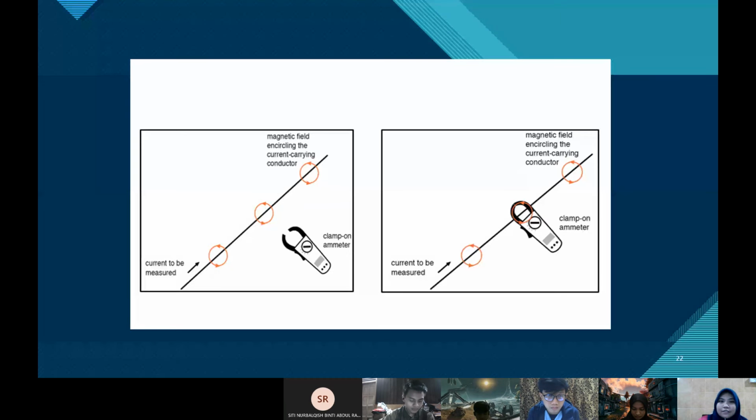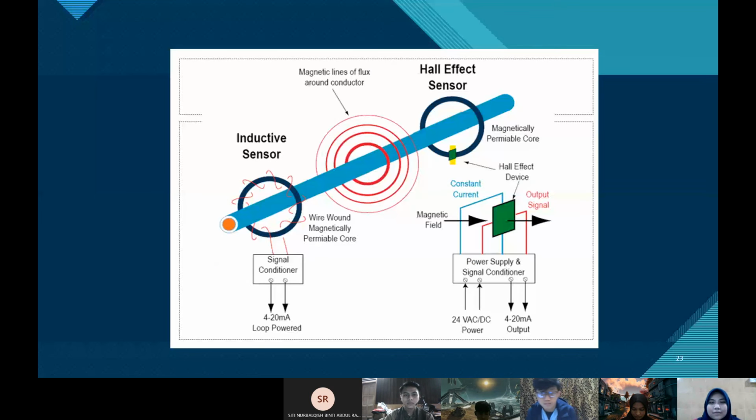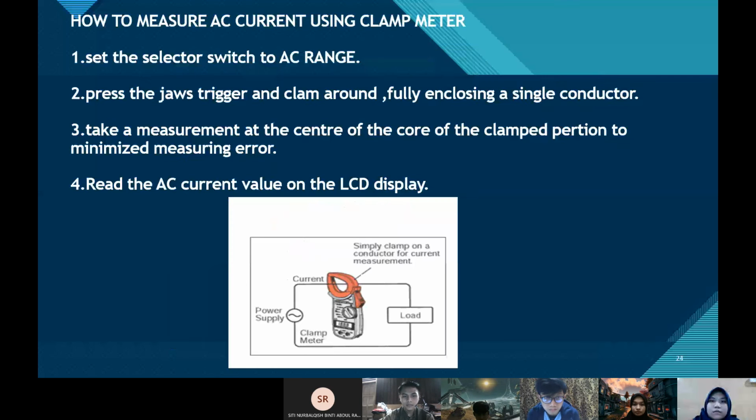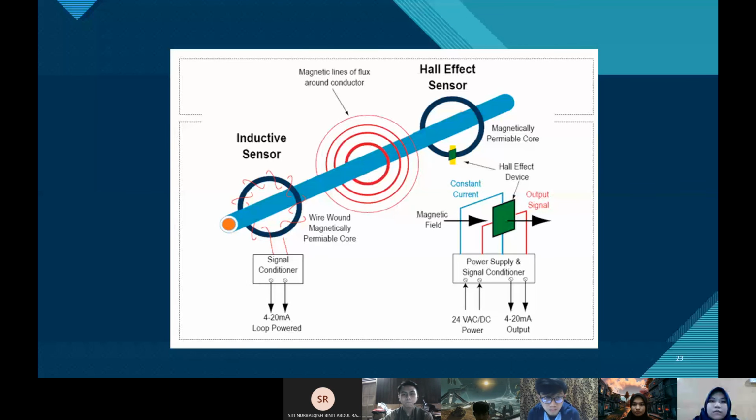So next, in the diagram: the sensor, the thin lines of flux around the conductor, the Hall effect sensor, wire, magnetically permeable core, signal conditioner, 4-20 mA, low power.